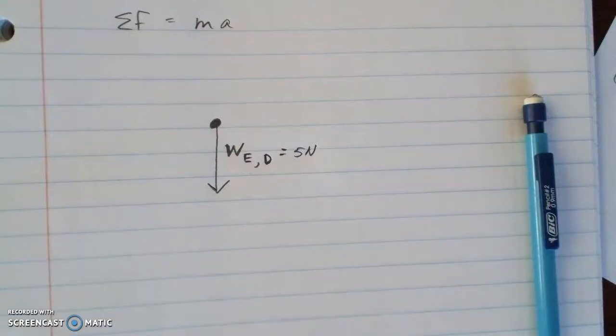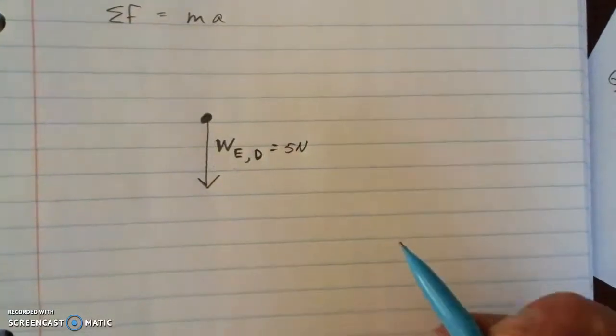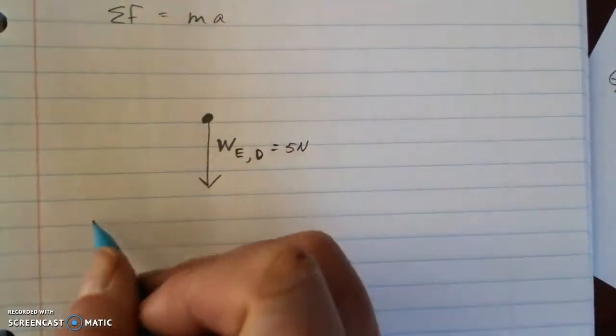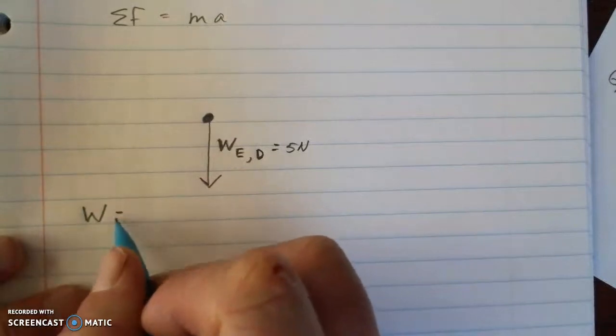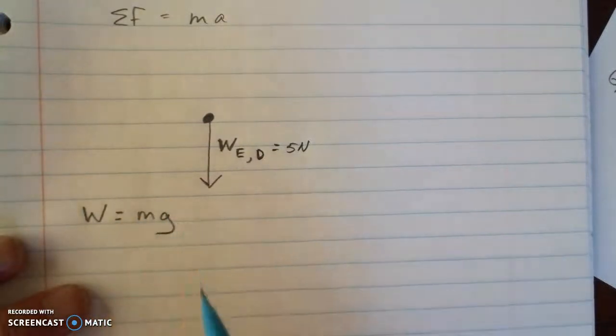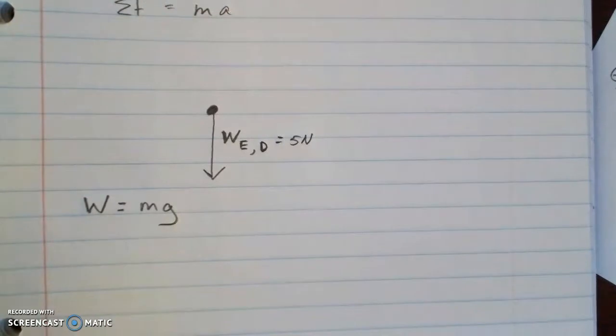It would also have a weight force, which is what's pulling it down. And the weight force is not going to be the 9.8 meters per second squared. It's going to be a value in newtons. And so right now what we can do is we can find out, okay, if I know the weight force of the document camera is 5 newtons, I could figure out what the mass of the document camera is. Now remember, I made that number up. But basically the weight is equal to mg. Now that looks a lot like Newton's second law, and it should.